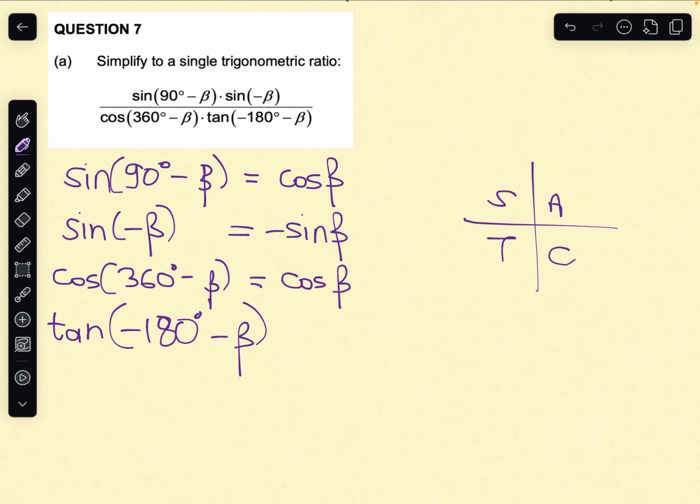Right, tan of minus 180 minus beta is a bit of an interesting one. So it's not one of the standard reduction formulae that we learn. So there's a couple of ways that we can go about this. I'm going to do this kind of the way that I was taught in high school, when I just kind of learned trig by rote.